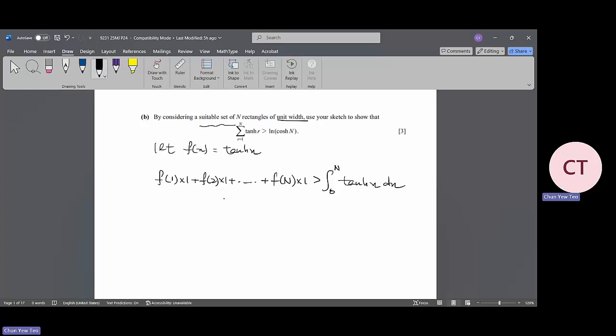So over here, your left-hand side can be written as the sum of f(r), where r equals 1 until n. The right-hand side, you can just integrate them.